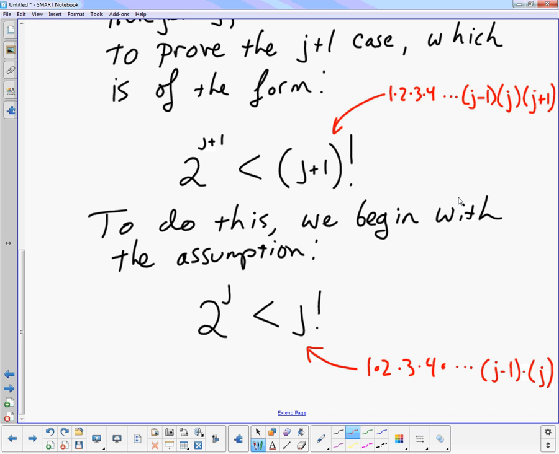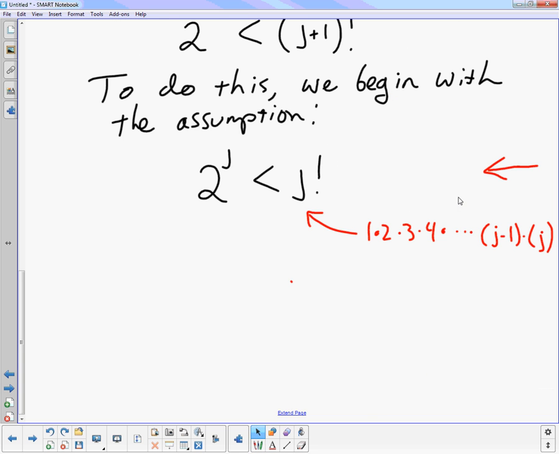Say it again. Okay, yeah, multiplying this factorial by j plus 1 will give me my goal. Okay? But I want to multiply this by 2, and I want to multiply this by j plus 1.